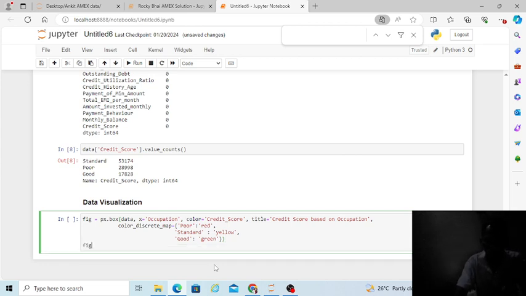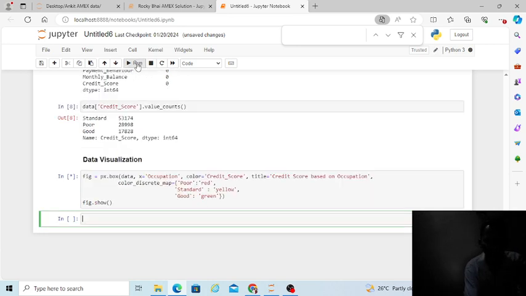And now I will try to visualize this data by fig.show. Let's check what information it gives us.